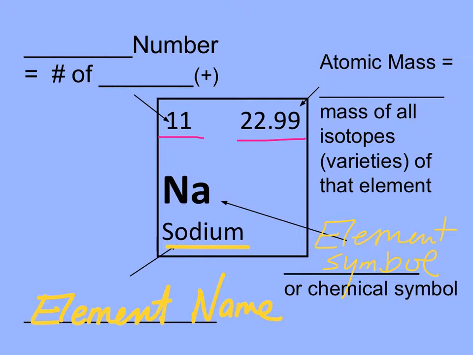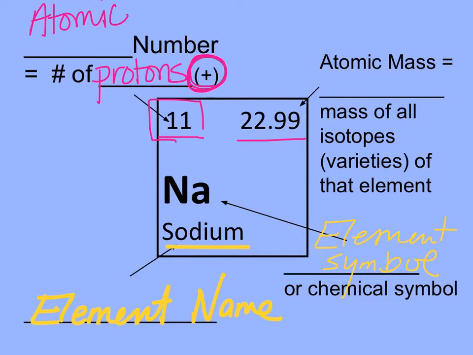We're going to start here with the whole number. The whole number is known as the atomic number, and the atomic number tells directly about the atom how many protons there are in the atom. So it tells me how many of those little tiny positive particles are inside the nucleus.